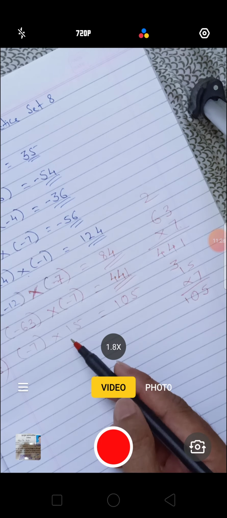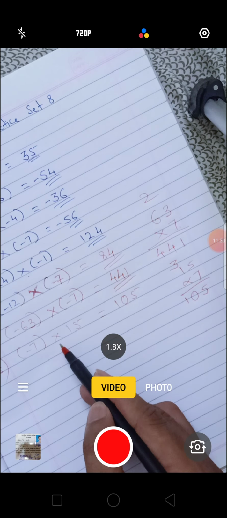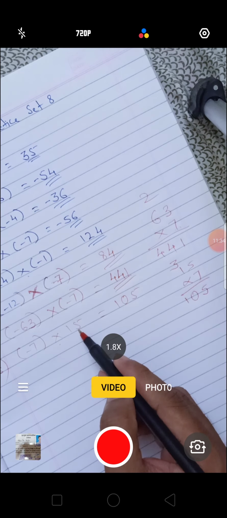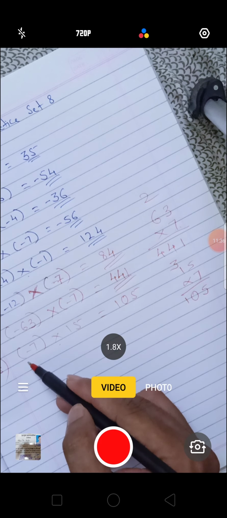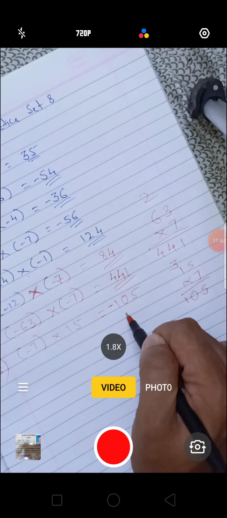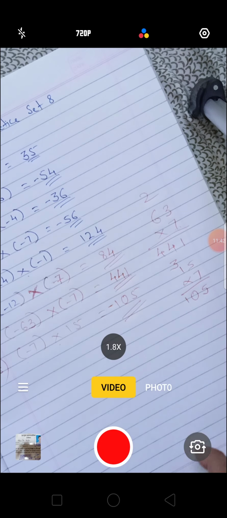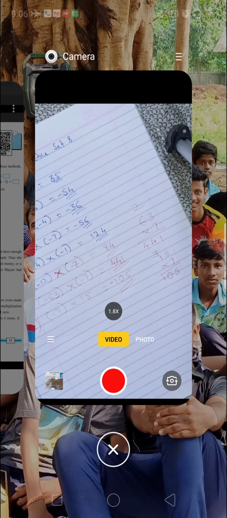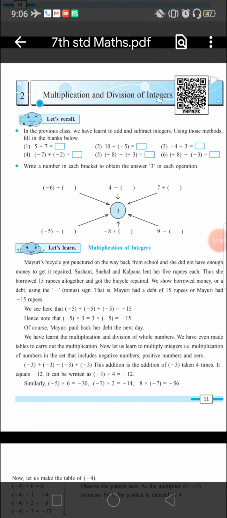So the rule will be the product of a positive integer and a negative integer is always a negative integer. Minus 105. Children, here we finished with practice set 8.